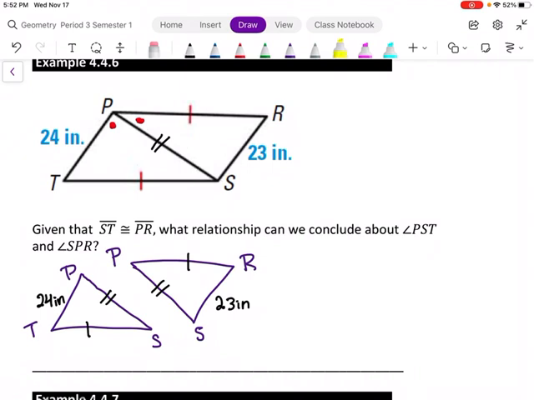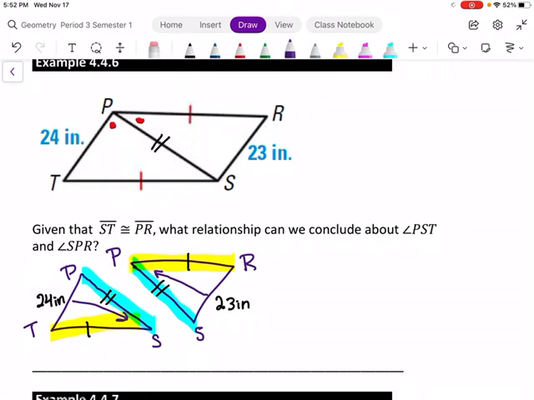For this, we can use the hinge theorem again, because we are given those two congruent sides. And then we're looking at the sides that are across from the included angle. Oh, I drew that one backwards. I wanted to draw it this way.